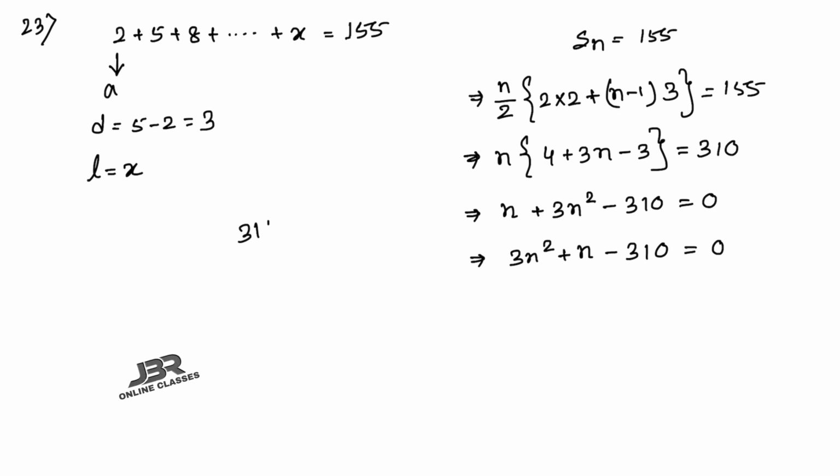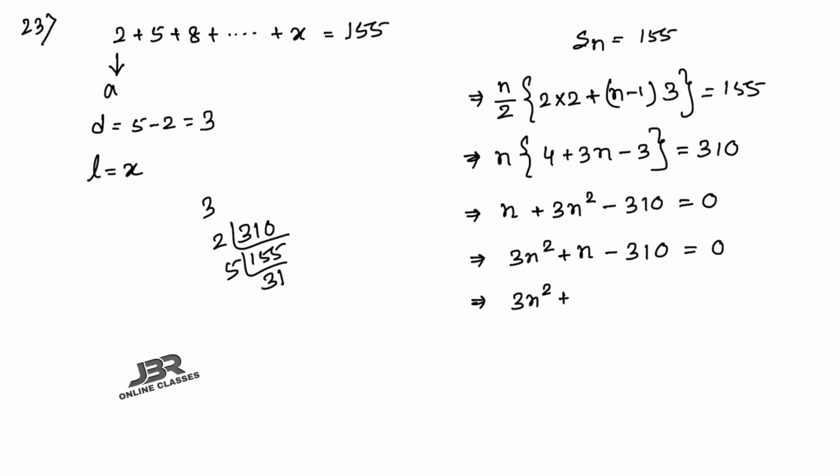Now you have to find the factors of 310. It's 155, then divided by 5, it's 31. So I think 31 minus 30.